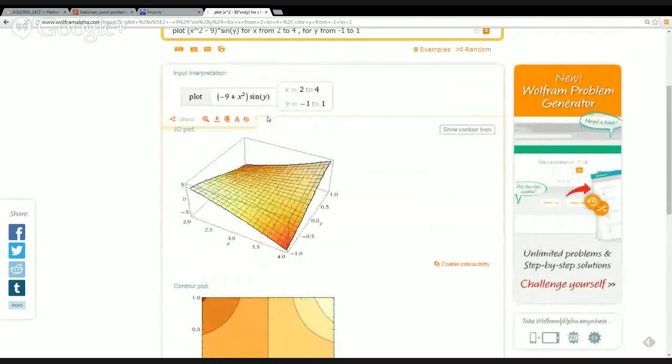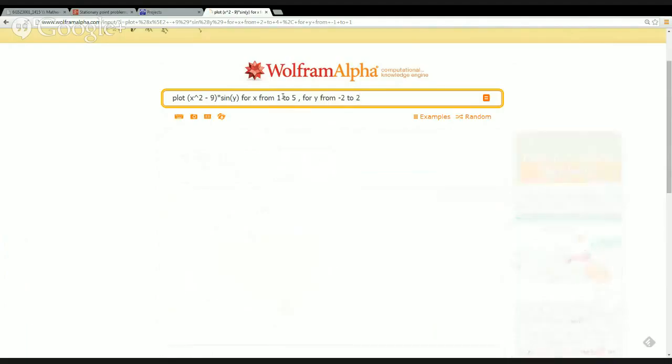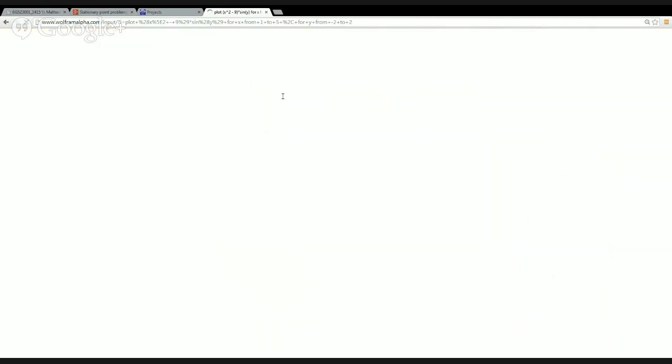Maybe if we widen the limits there, still kept them centered on the point 3, 0, we might see it slightly more pronounced. Let's go from 1 to 5, maybe minus 2 to 2. You should see that saddle point nature be slightly more pronounced there, I think.